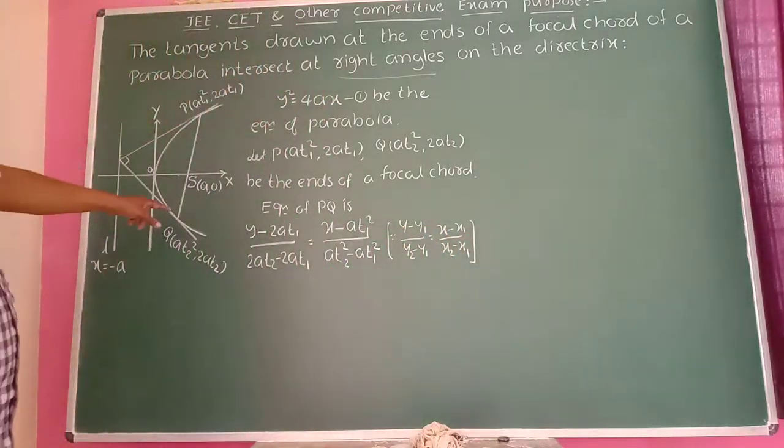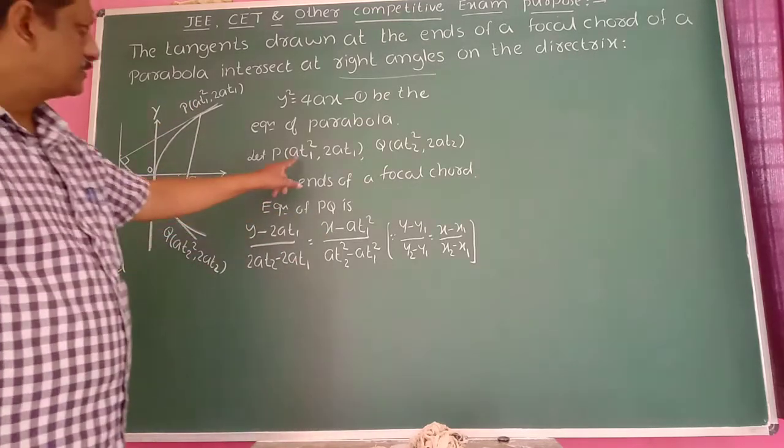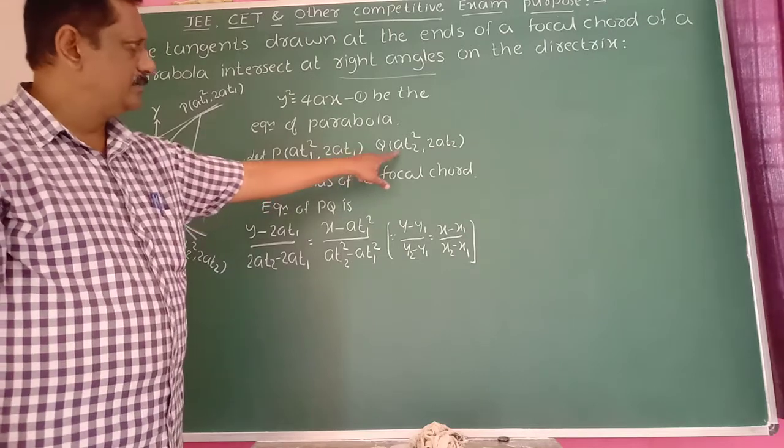The line passing through two points is called the two-point formula, where this is x1, y1 and this is x2, y2.